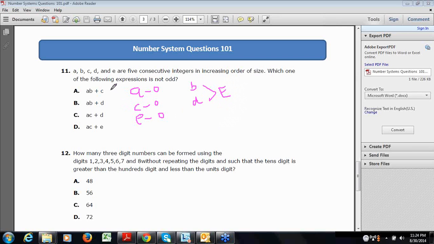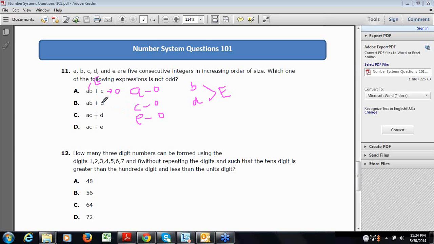Okay. So consider expression number 1, AB plus C. AB will be even. C is odd. So the expression is odd.